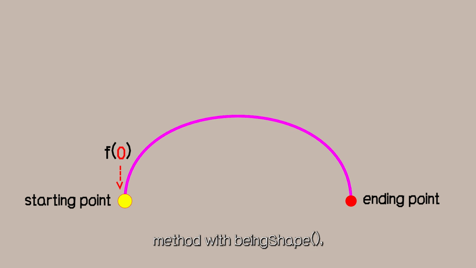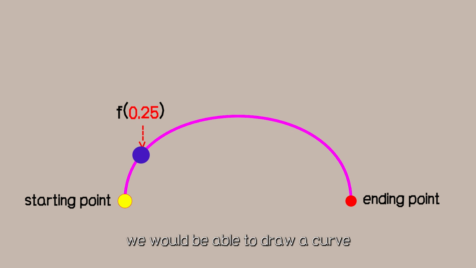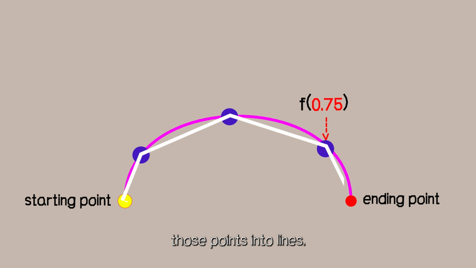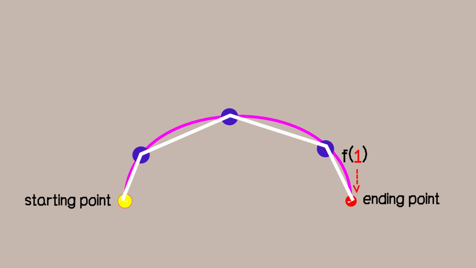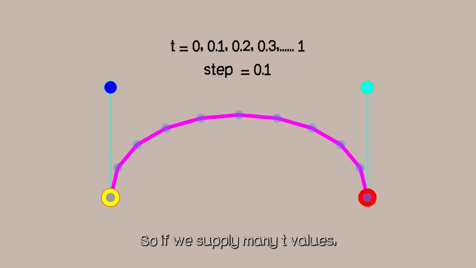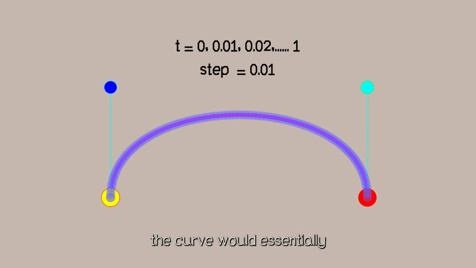Pairing this method with beginShape, we would be able to draw a curve by finding many points on the curve and connecting those points into lines. So, if we supply many t-values, the curve would essentially look very smooth.